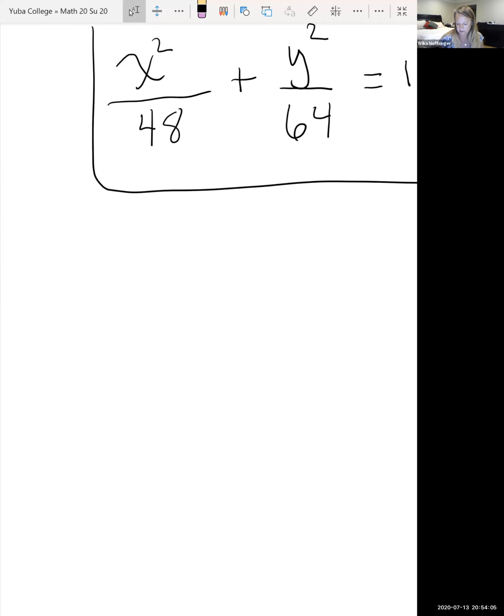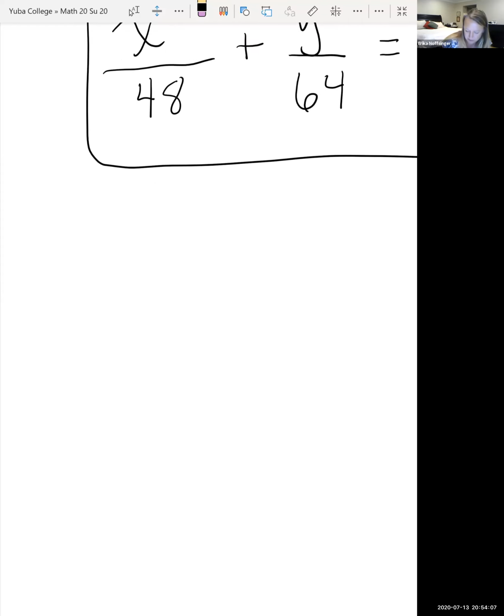I'm gonna blow this up just because I want my pen to be thicker. So let's say you're given the center is -3, 1.